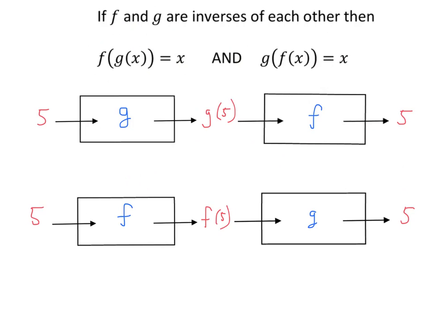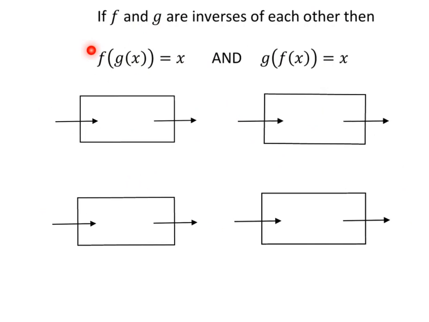But it's not enough just to test it out with a number like 5. What this is really saying is that to prove f and g are inverses of each other, you have to show that this is going to work for any number you pick. So you are going to do two things.